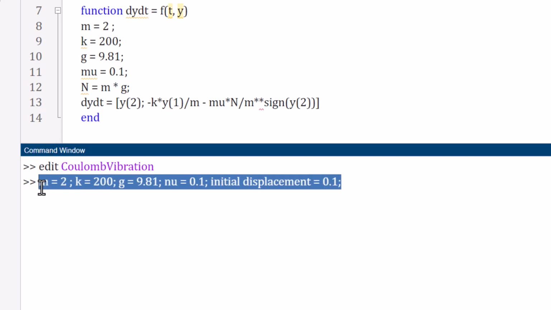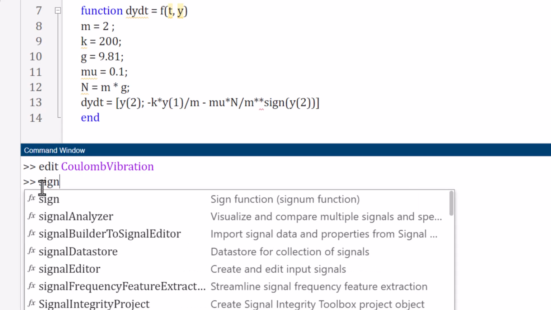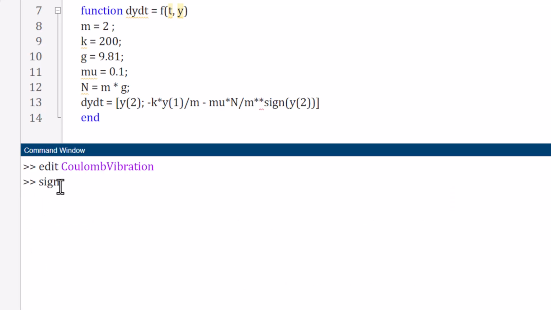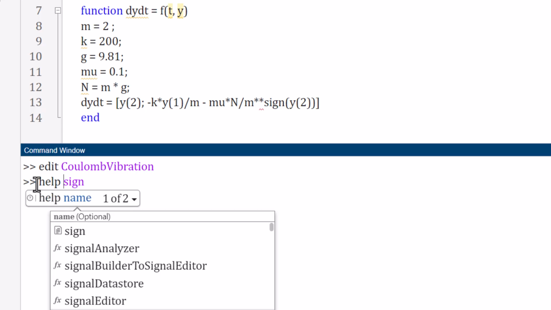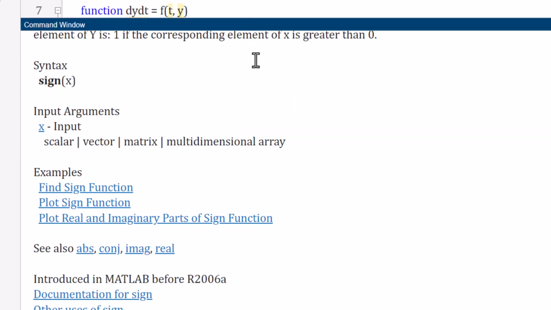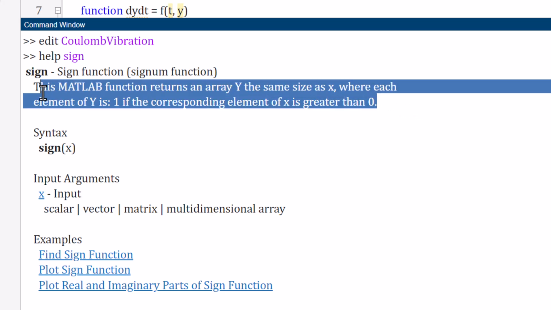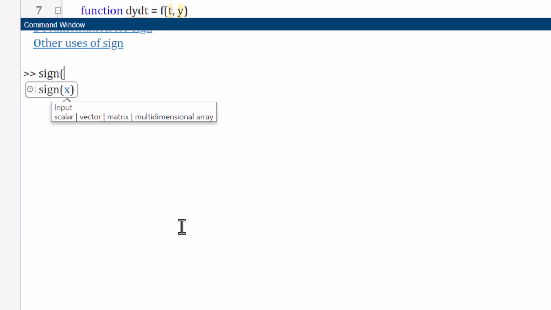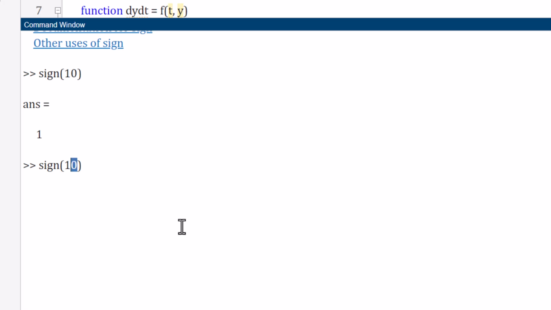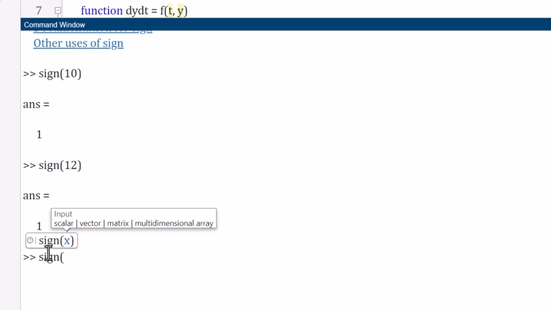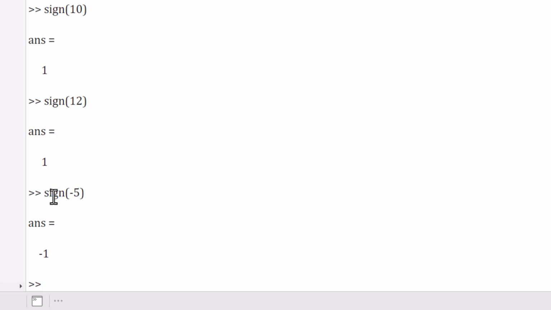Before I continue, I want to tell you what the sign function is, which in MATLAB is displayed as sign. So I type help sign, and here is the definition of this function. For example, sign of 10 is 1, sign of 12 is 1. For any positive number, this function gives 1, and for any negative number, sign of -5, it gives -1.